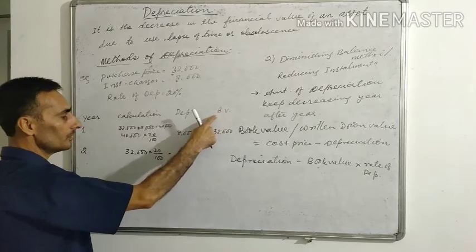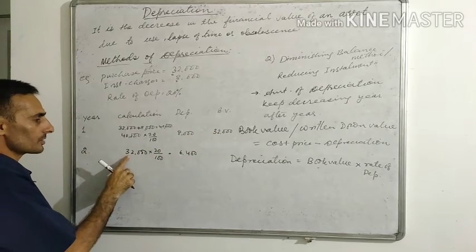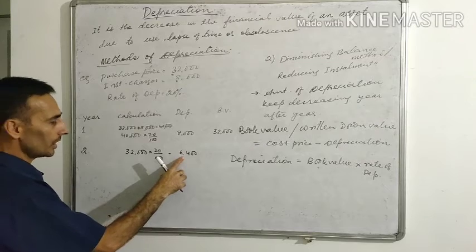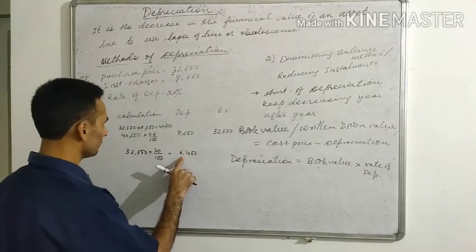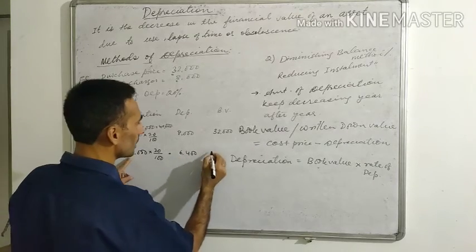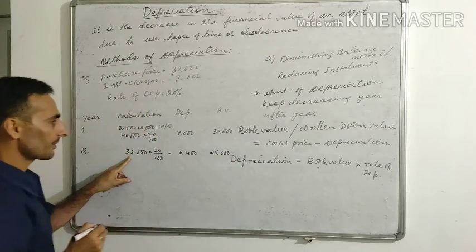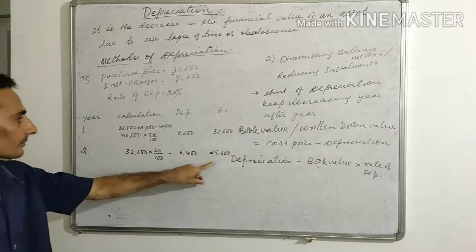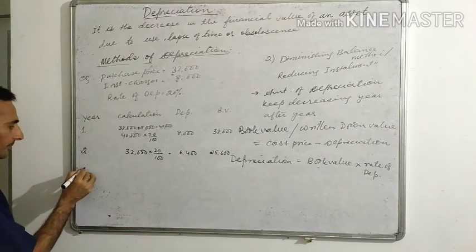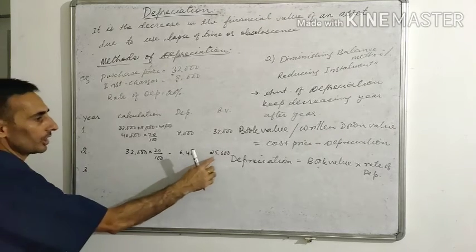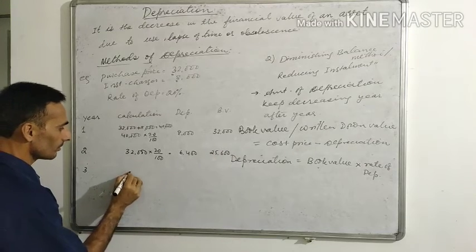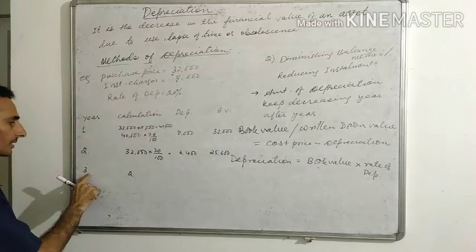Now, what is the book value? Book value is this amount minus 6,400. So that gives you 25,600, if I am not mistaken. Okay. Then depreciation for the third year will be on this book value, because this is the book value in the beginning of the third year.